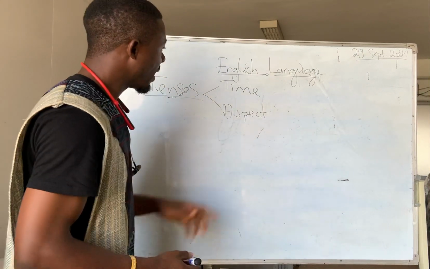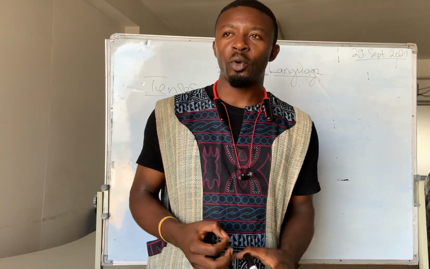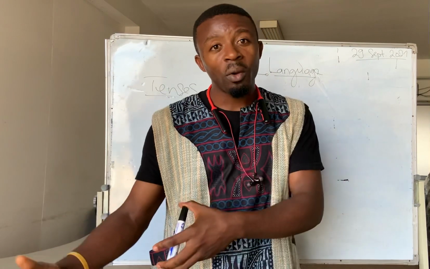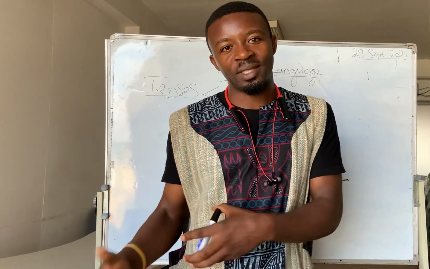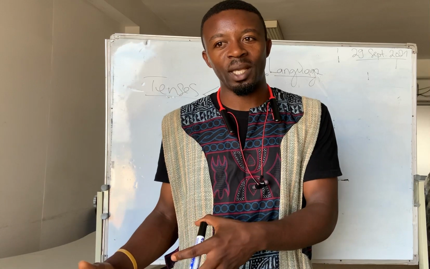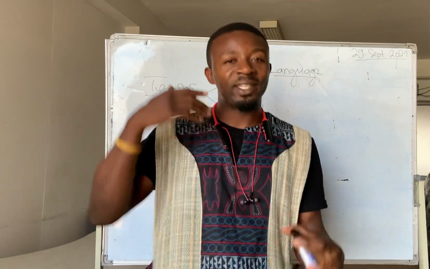And then aspect is going to tell us for how long that thing took place, or did the thing finish? Did that action finish already, or did it continue for some time, or will it take place in the future?